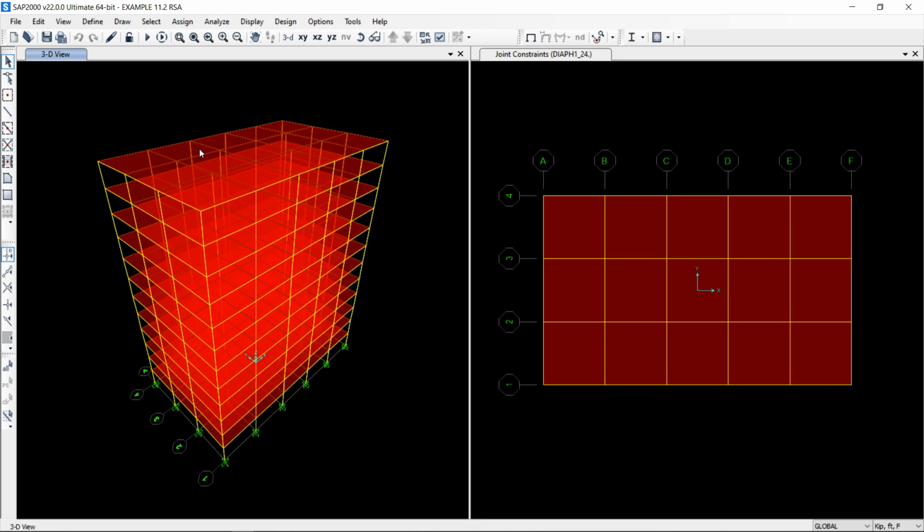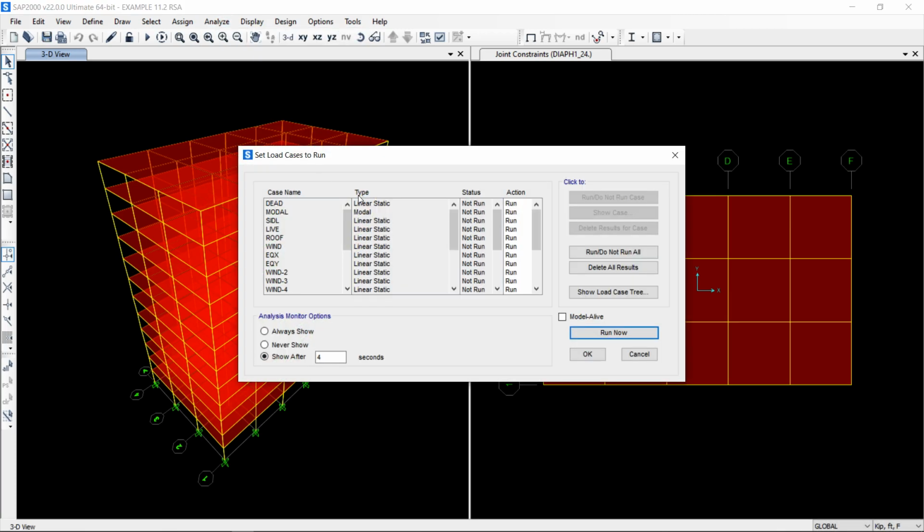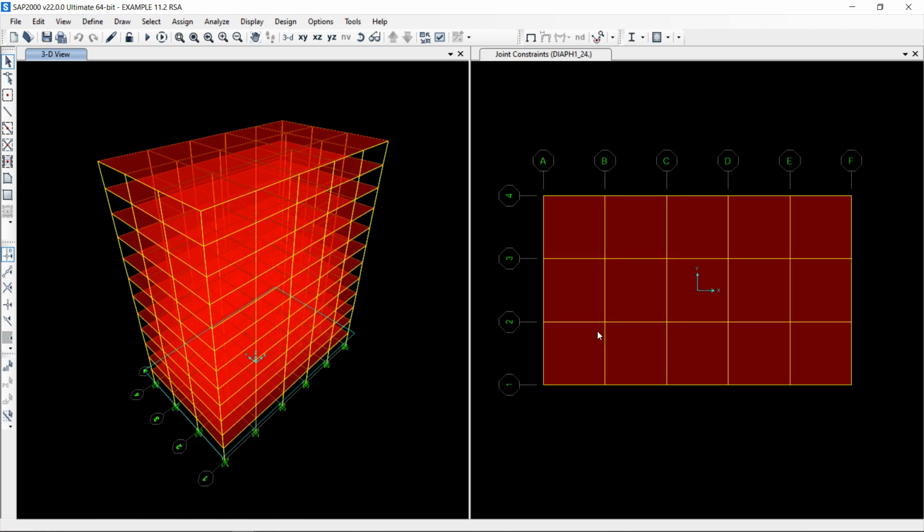When it is multiplied by mass, that means F equals ma, we will get the force, which will be the multiplication of mass into acceleration. So let us run and see what happens. Let us save the file, analyze.